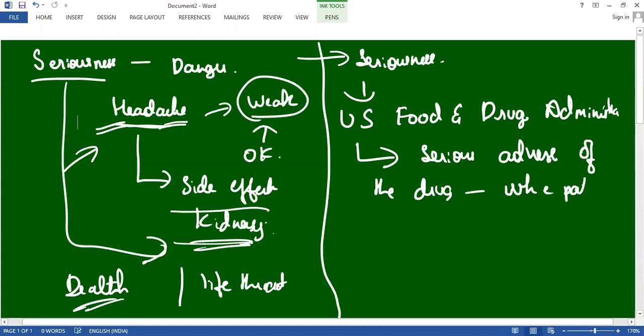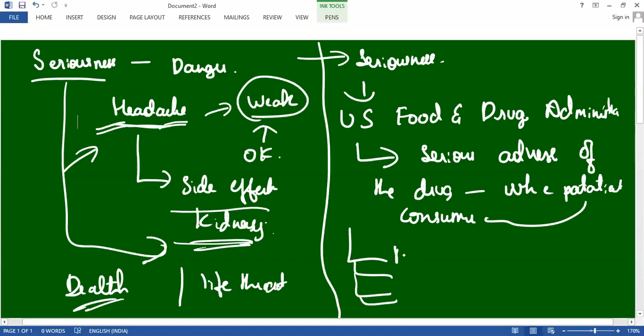When the patient consumes it, the patient may get these types of serious issues. First, the most complex issue is death, and another is life threatening, as I said earlier.